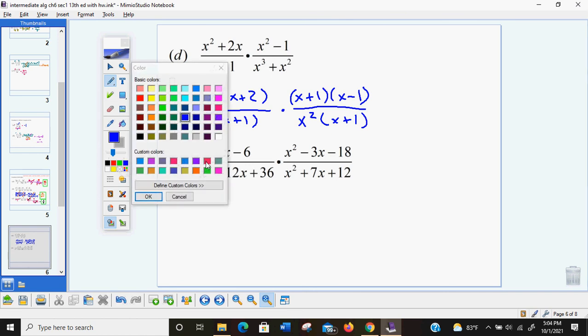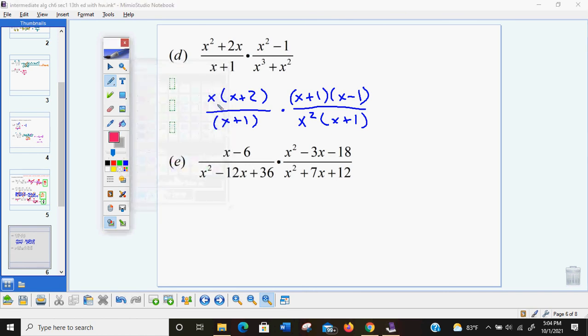Now, let's see if we can cancel anything. So, up and down, nope. Up and down, yes. This x plus 1 will go away. Now, let's go across. From here to here, I have 1x here and I have 2 there. So, this one will cancel out and leave me with just 1 on bottom. From here to here, nothing cancels because 1's plus 1, 1's minus 1.